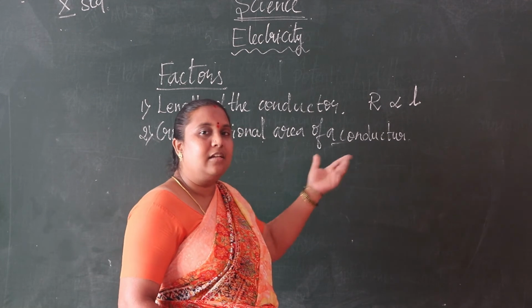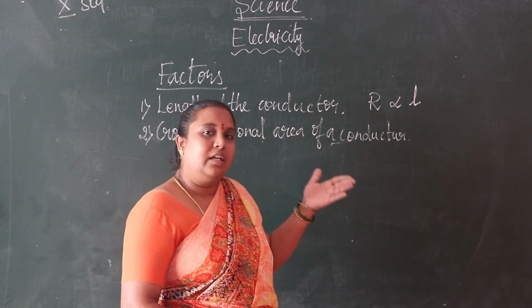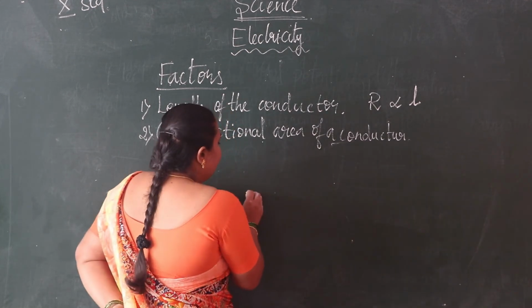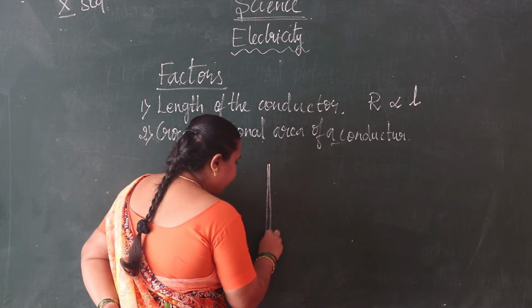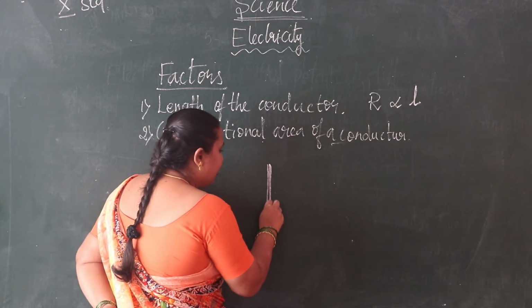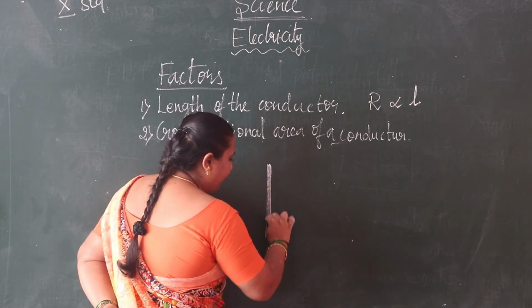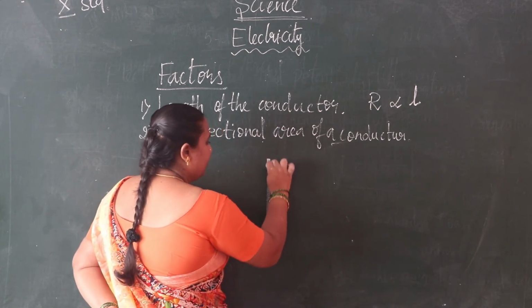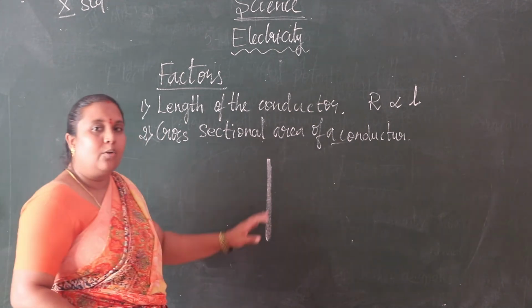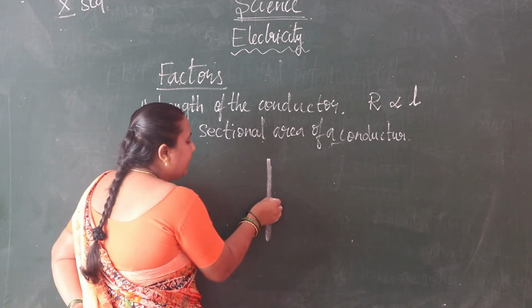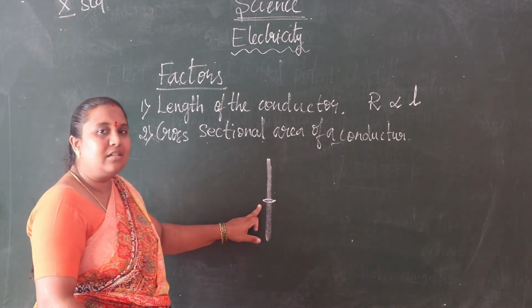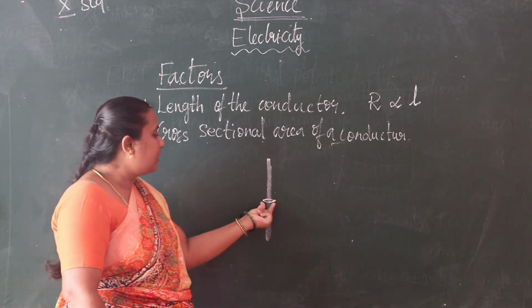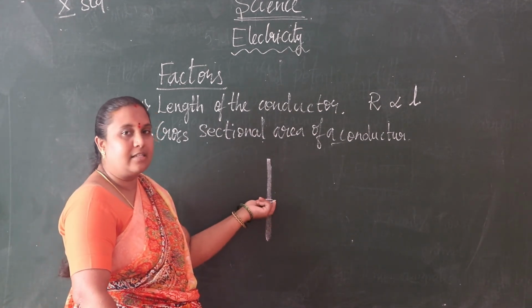Resistance decreases when the area of the conductor increases. Now we are taking a copper wire, and we are taking a cross section like this. The resistance increases as the cross-sectional area decreases.